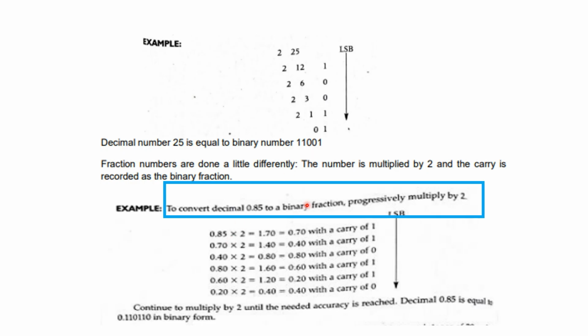So here, how are we going to convert decimal 0.85 to a binary fraction? So this time, instead of division, for decimal to binary fraction, we multiply.